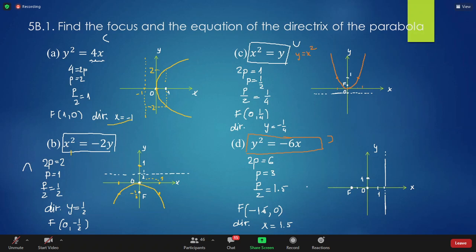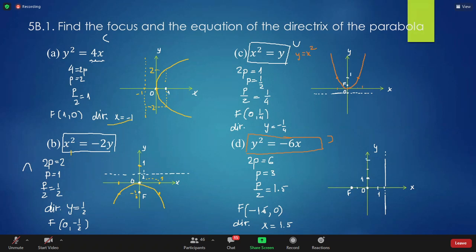So if x is 1.5 or -1.5, then y squared is 9 and y is actually 3. So basically, the focus is a good point in this case to evaluate the y value. If we have x equals -1.5, y squared is 9 and y would be equal to plus or minus 3.